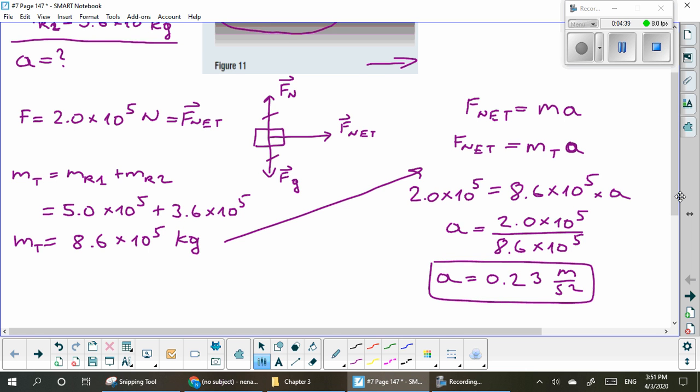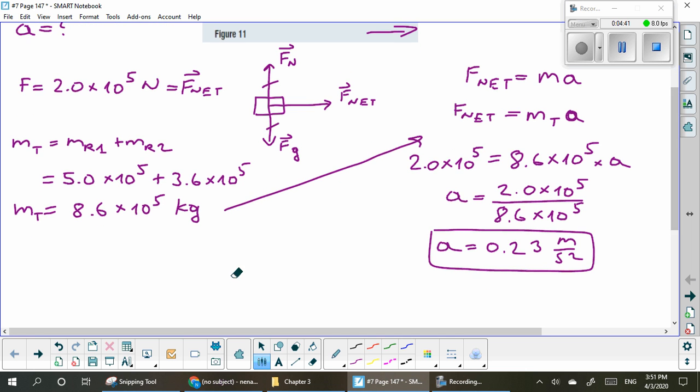And we can attach direction in this case. Therefore, the acceleration is going to be 0.23 meters per second squared. You can either put to the right or forward.